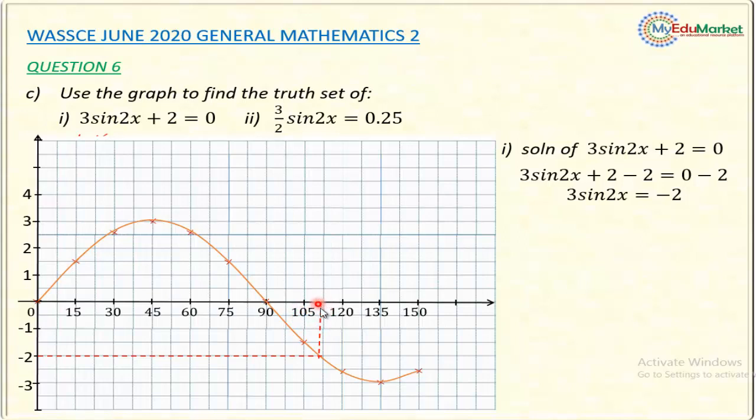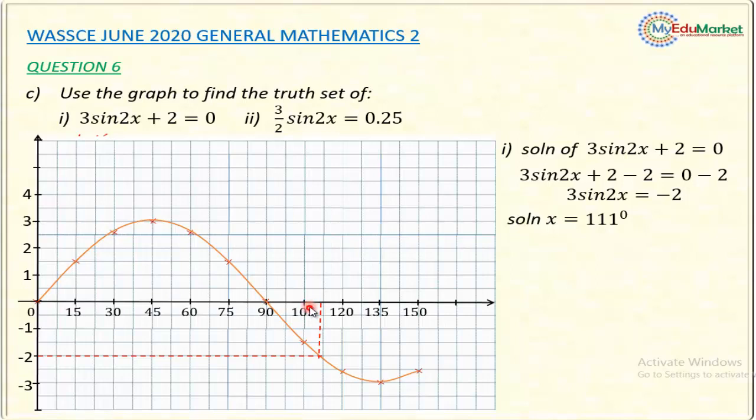So the estimated value of x will now be equal to 111 degrees. Let's see it. This is 105. Like I have said, each small division will now be 1.5.